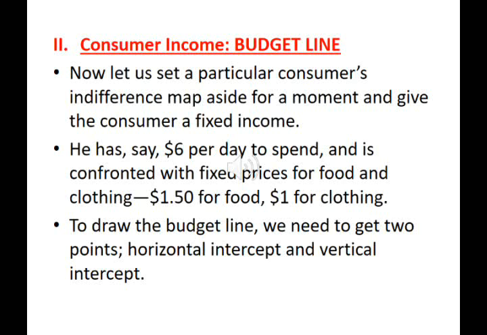In order to be able to draw the budget line, we need at least 2 points. The easiest points we can get are the horizontal intercept and the vertical intercept. Okay, let's move to the next slide, to the graph, in order to better understand what we mean by the horizontal intercept and the vertical intercept.